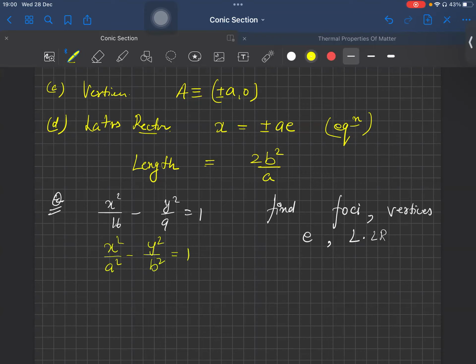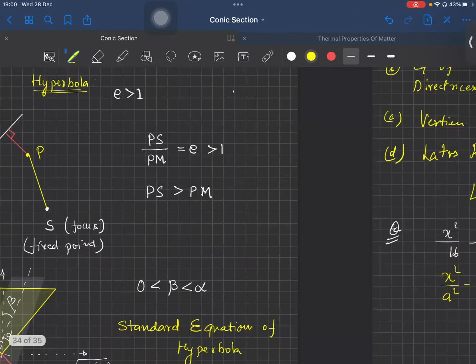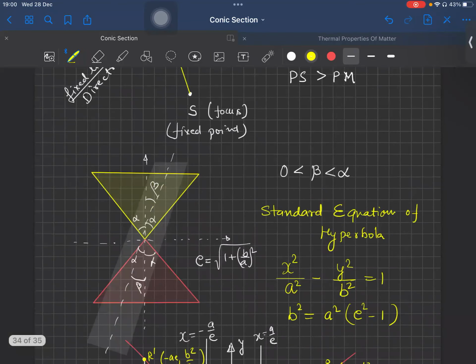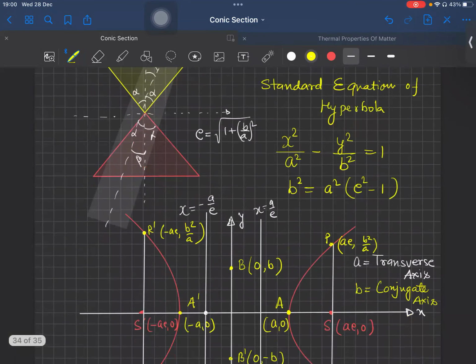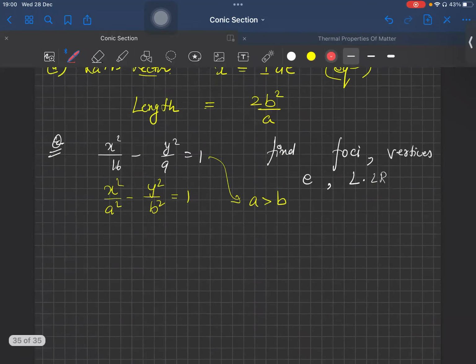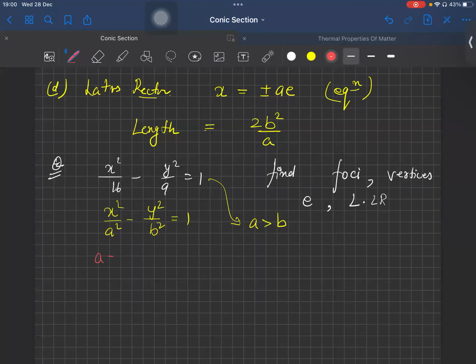Now from the given equation, a is greater than b, which means this hyperbola is on the x-axis. The transverse axis is a and b is the conjugate axis. So a is equal to 4 and b is equal to 3.